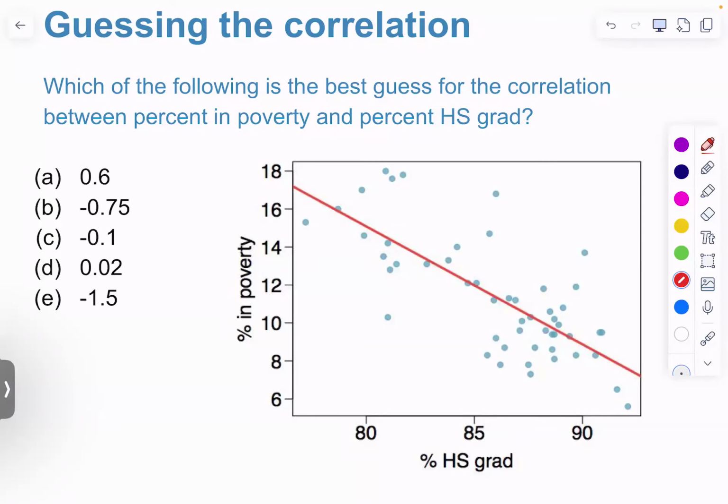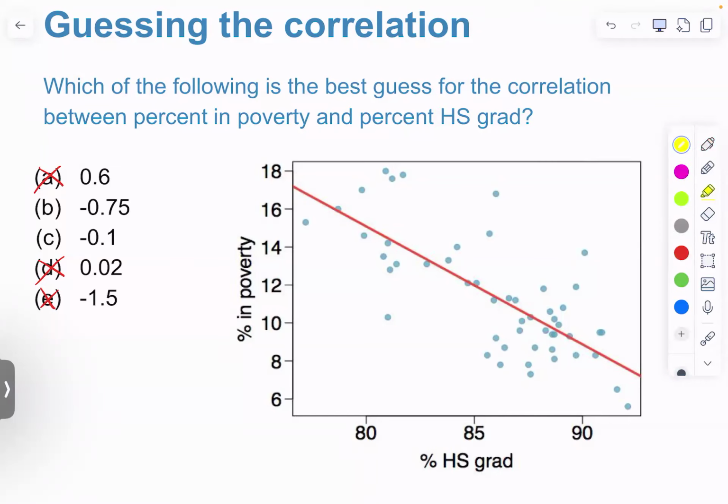I know this is a negative relationship, so right away I can eliminate any positive correlation. As a fact about correlation, it has to be between -1 and 1. So that lets me eliminate -1.5 as well.